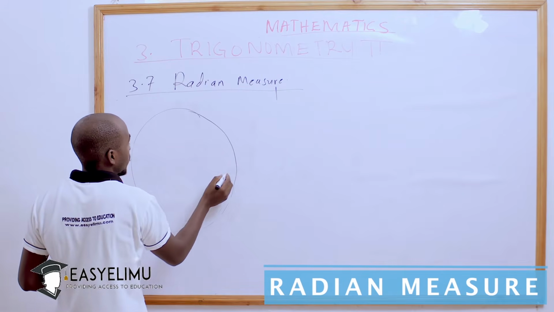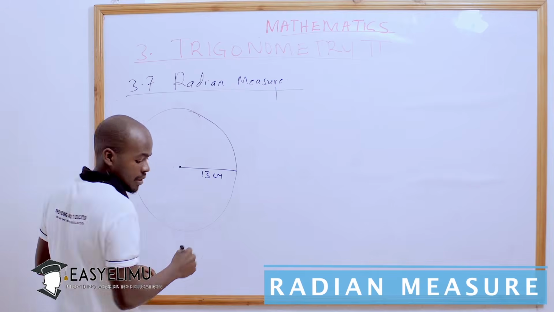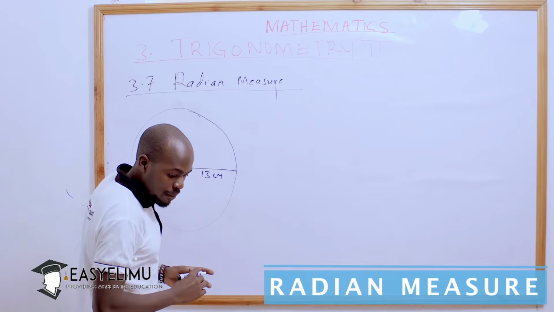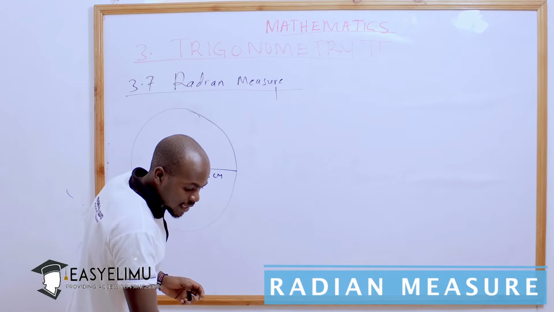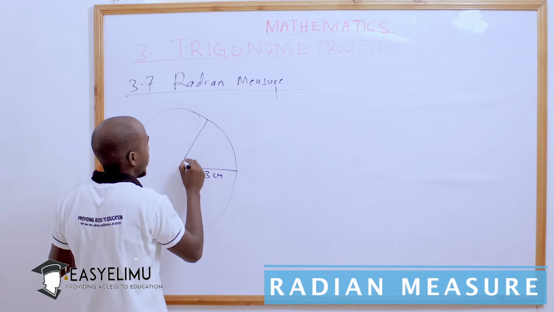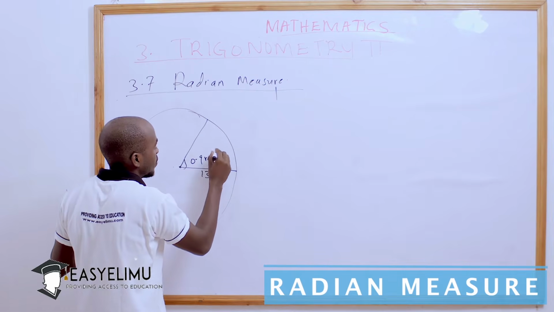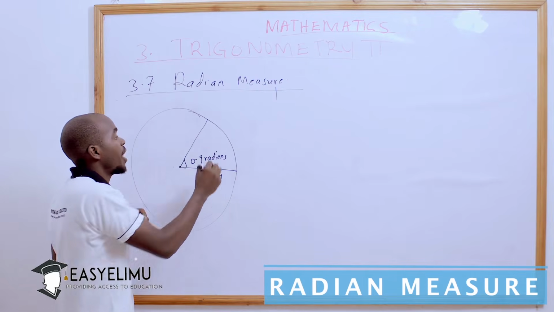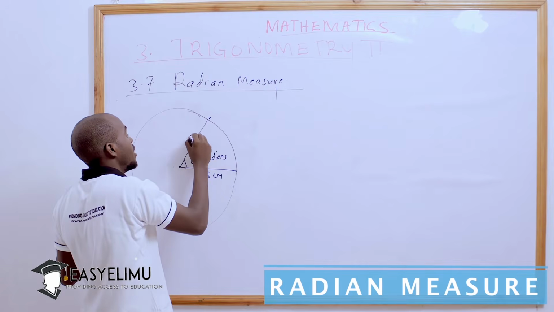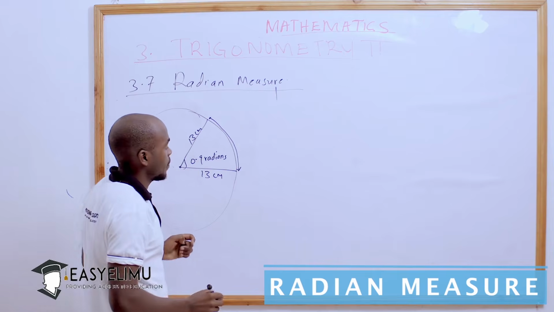You have been told the radius of this circle is 13 centimeters, and that an arc subtends an angle of 0.9 radians. You have been asked to find this arc length.